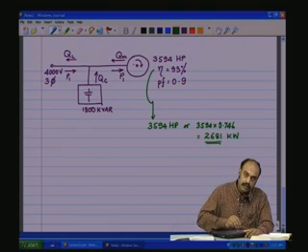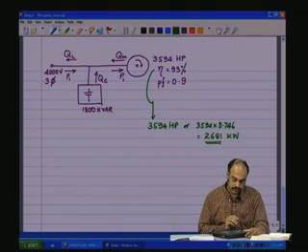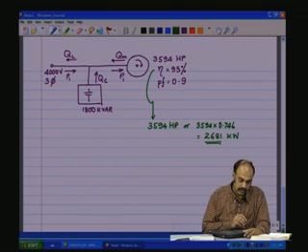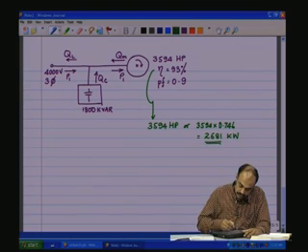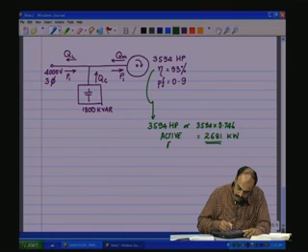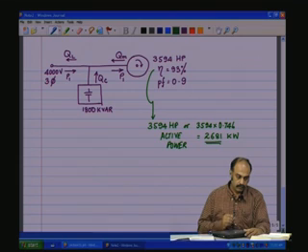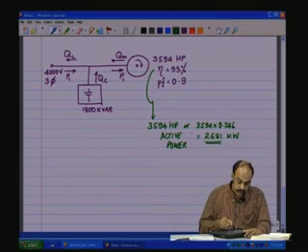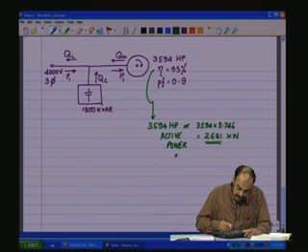This is the amount of power that is going to be put to the mechanical load, the active power at the mechanical shaft, let us say.